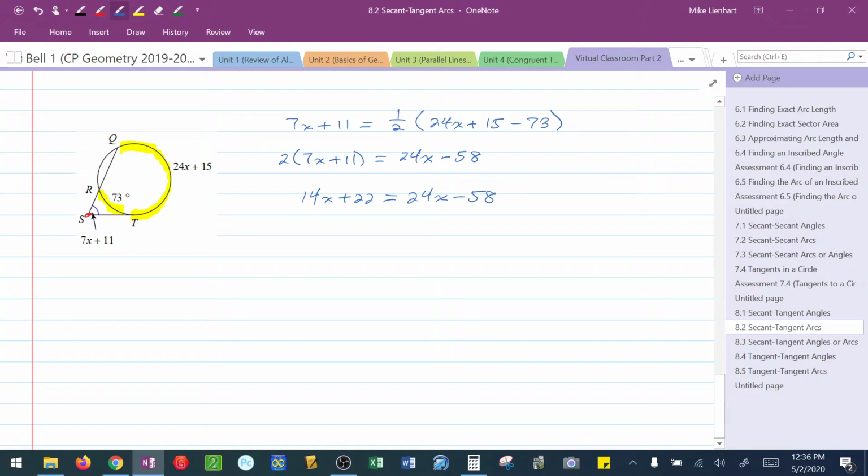I'm going to move that 14x over to the right, so that leaves me with 22 is equal to 10x minus 58. I'm going to add 58 to both sides, so 80 is equal to 10x. Divide both sides by 10, and I get x is equal to 8.